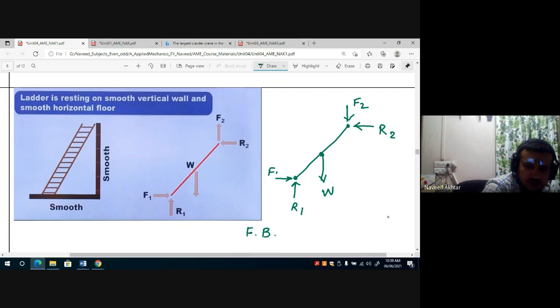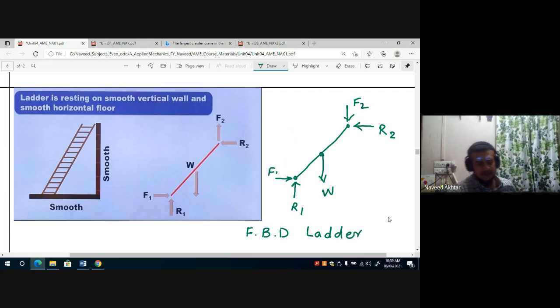अगर मैं लिखूं free body diagram of, FBD of the ladder. Any such type of system of forces are there, and if you are representing only the forces, without that body, simply with the forces, then that is called a free body diagram. है ना?